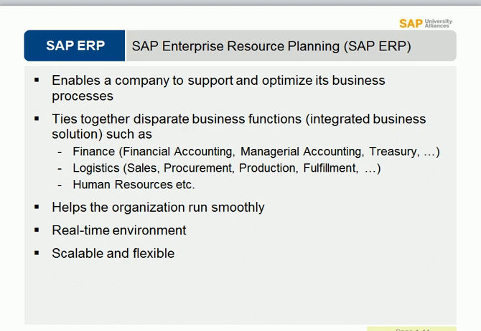Because we have one system that's supporting all of these functional areas, then we have information sharing. Definitely the organization would run more smoothly because information is being shared in real time. There is no delay in the sharing of information, so you have streamlining of the business processes.